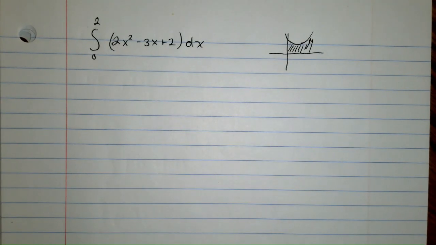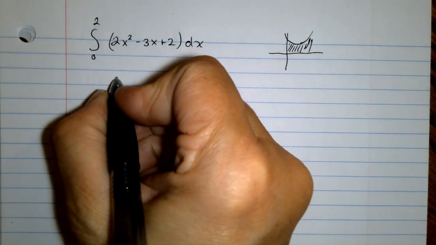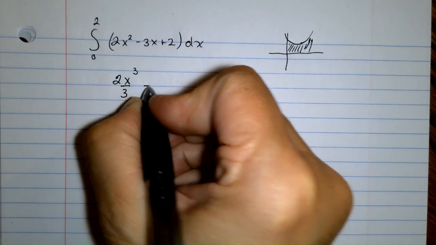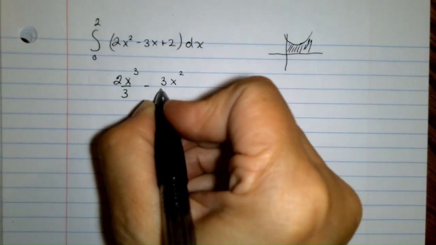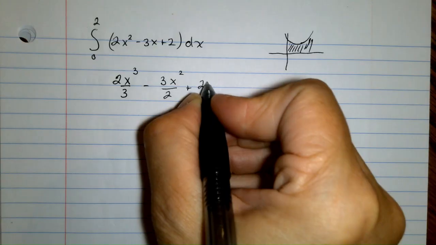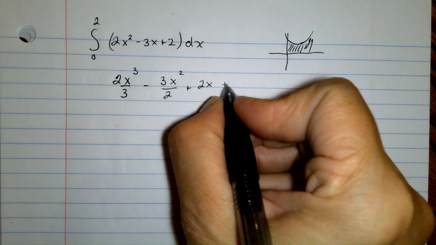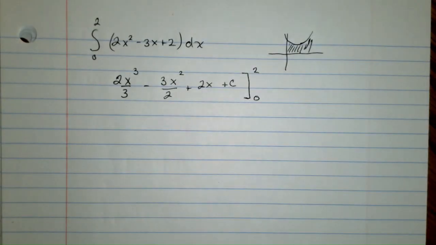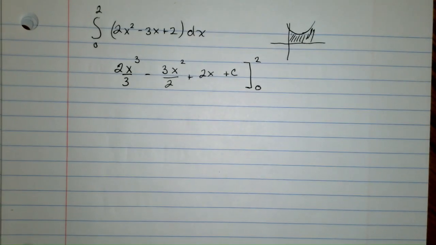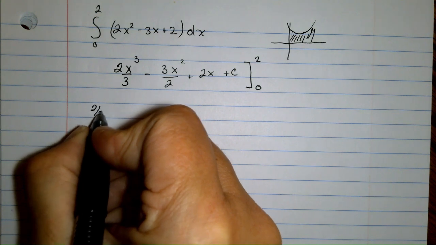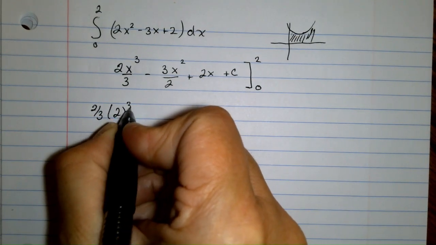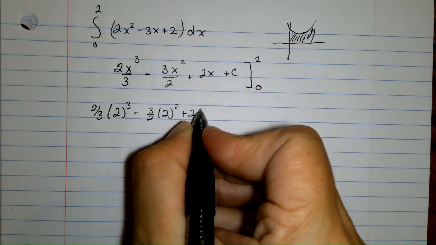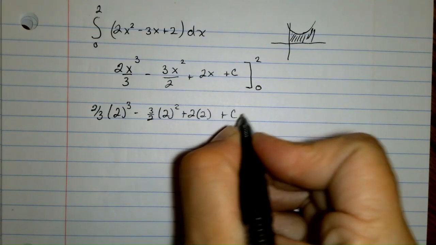Okay, so what we're going to do is we're going to integrate it. So this would be 2x cubed over 3 minus 3x squared over 2 plus 2x. Technically still plus c, right? And we're supposed to do the upper bound minus the lower bound. So 2/3 times 2 cubed minus 3/2 times 2 squared plus 2 times 2 plus c.